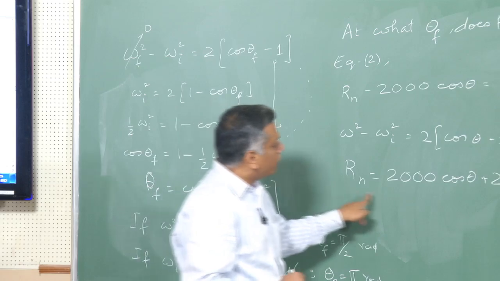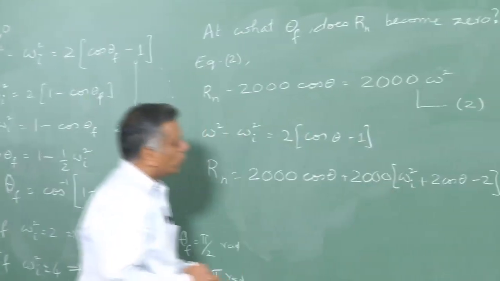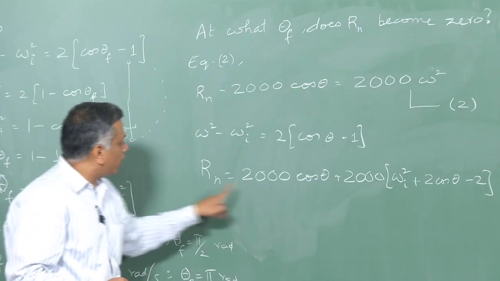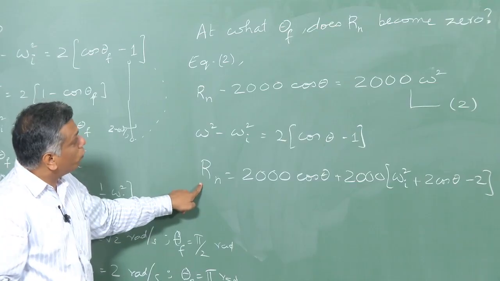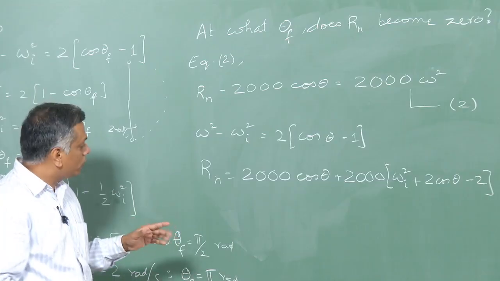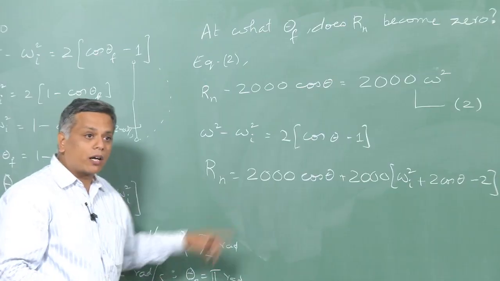Okay, so let us see at what theta Rn would become 0 for a given omega I. So omega I is given, at what theta would Rn become 0.